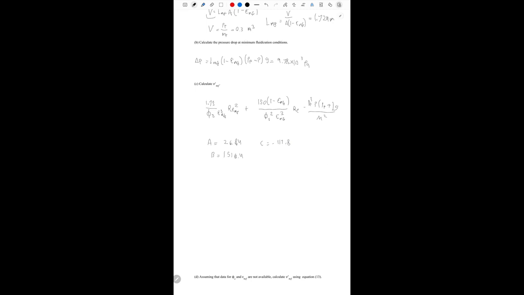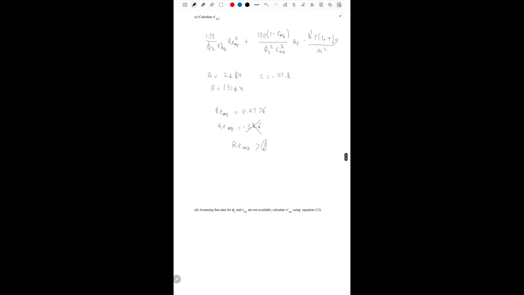By using the quadratic equation, you'll get that the Reynolds number is equal to 0.076776, and also that it's equal to negative 56.6. But you know that this cannot be true because the Reynolds number must be greater than 0.